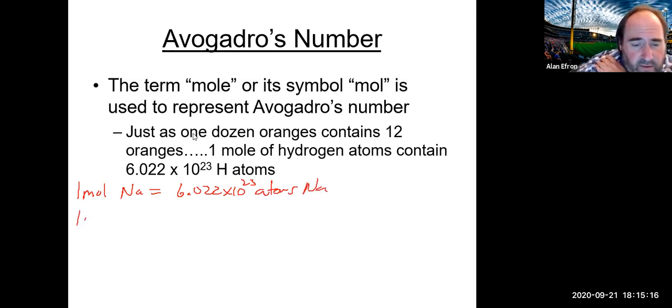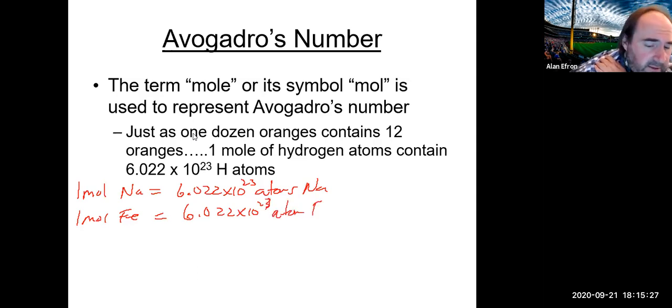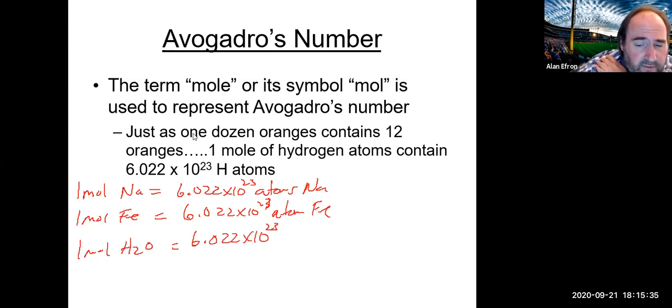If you have 1 mole of iron, that should also mean you have 6.022 times 10 to the 23 atoms of iron. It could also be used for molecules. So if you had 1 mole of water, you would have 6.022 times 10 to the 23 molecules of water.